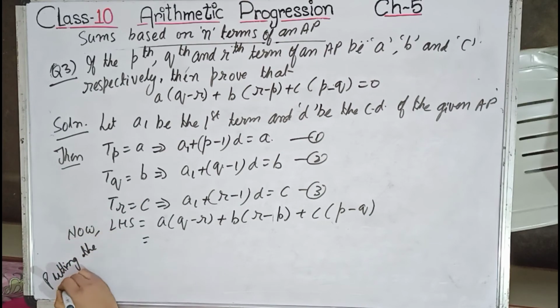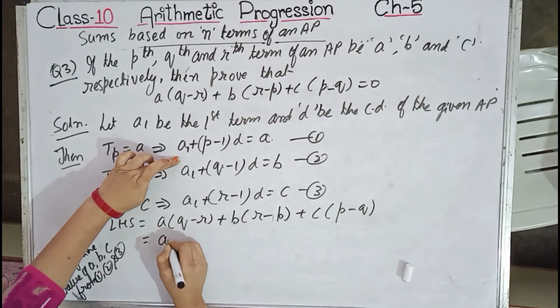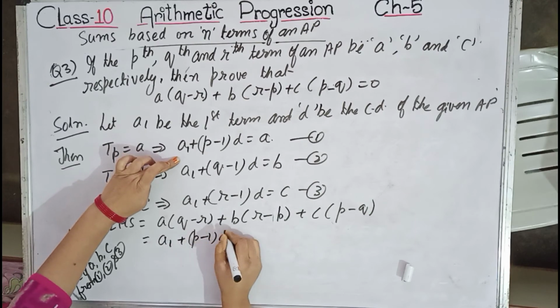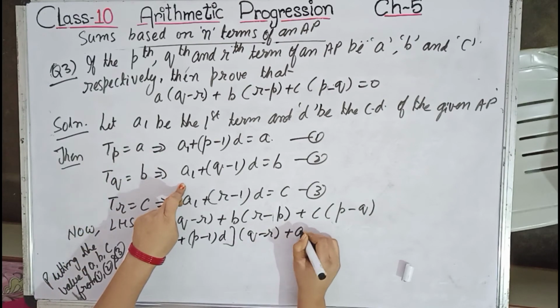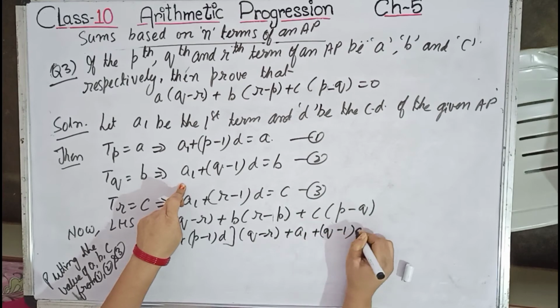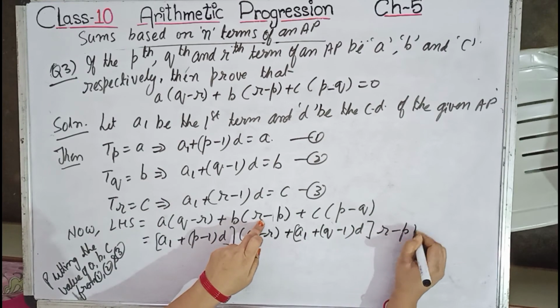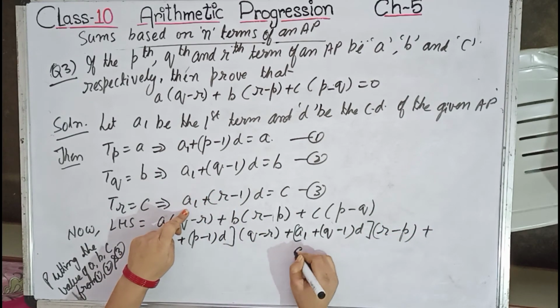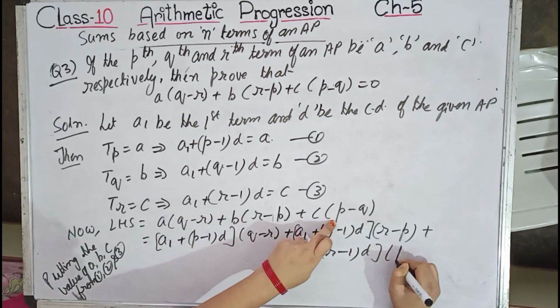Putting the value of a, b and c from 1, 2 and 3, a value is a1 plus p minus 1 into d, into q minus r, plus b value is a1 plus q minus 1 into d, into r minus p, plus c value is a1 plus r minus 1 into d, into p minus q.